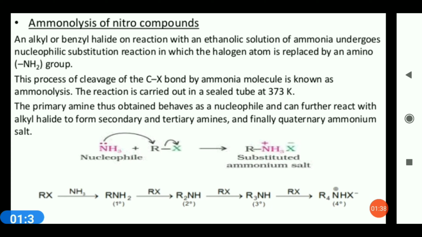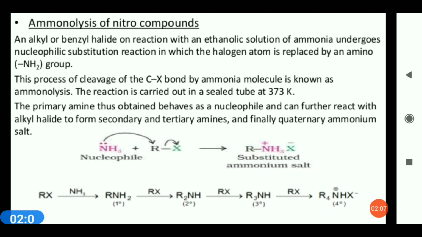Next method is ammonolysis. We call it Hofmann ammonolysis. An alkyl or benzyl halide on reaction with ethanolic solution of ammonia undergoes nucleophilic substitution reaction in which the halogen atom is replaced by an amino group.